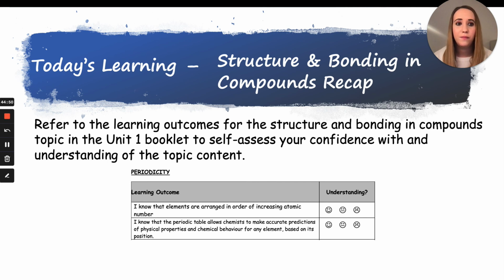What you should do, just to self-assess how well you feel about the topic, is go to your Unit 1 booklet and take a look at the learning outcomes for the structure and bonding topic. Have a look through them and see how well you think you know each outcome, or whether you'd be able to explain it.